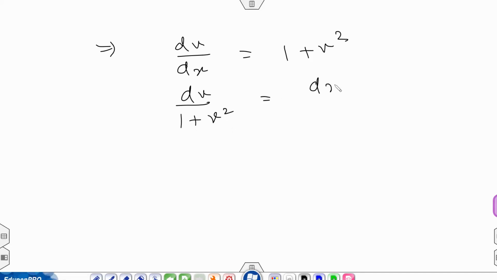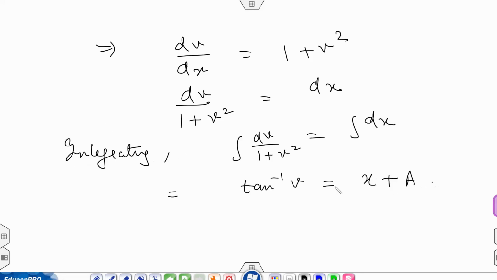Now you can see that equation 2 can be written as this, and therefore take dv and function of v on one side and function of x on another side, and integrating we get this. Again we have to change this v into our variables x and y, because our original problem was in terms of x and y.